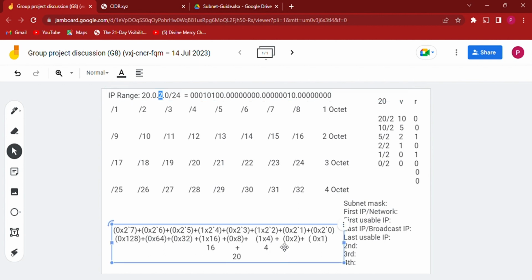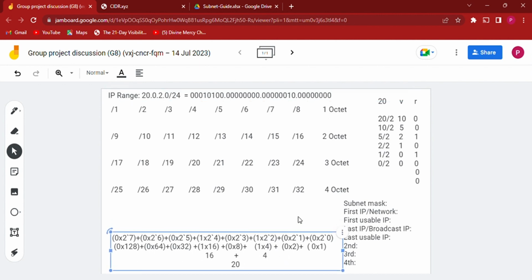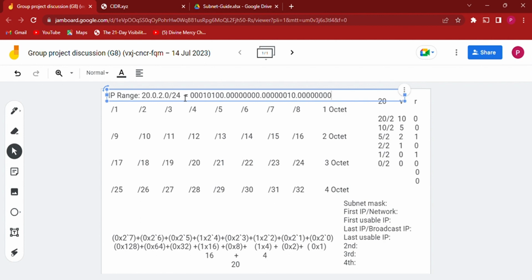Now, as I was saying earlier, if you see slash 24 here, it means you are using 24 bits. When you count these, this is 8, this is another 8, this is another 8, and this is another 8. So 8 plus 8 plus 8 plus 8 will give you 32 bits.